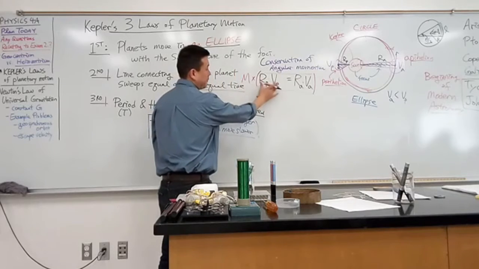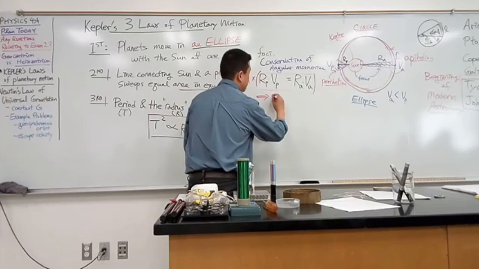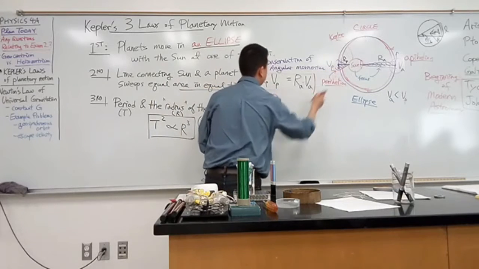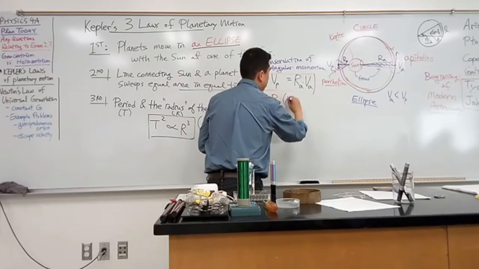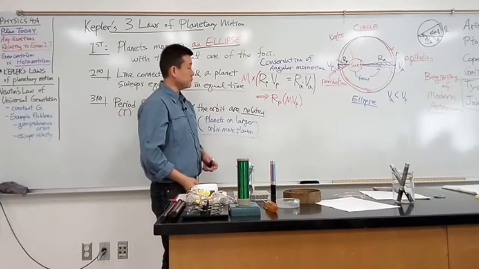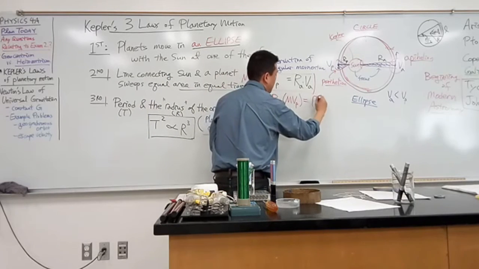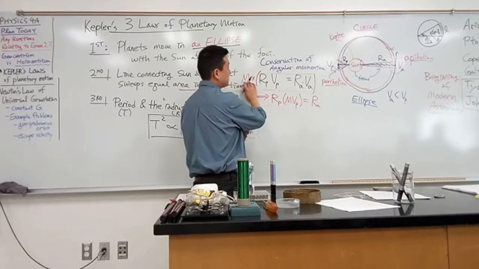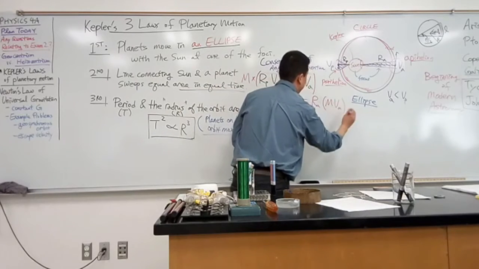With m multiplying all of this, the left-hand side will be the radius at the perihelion times, let me group the next two quantities together, the mass of the planet times the velocity at the perihelion. Well, let me finish writing it out. It looks like the radius at the aphelion times the mass times the velocity at the aphelion.